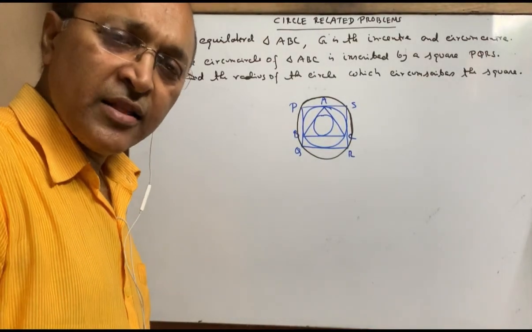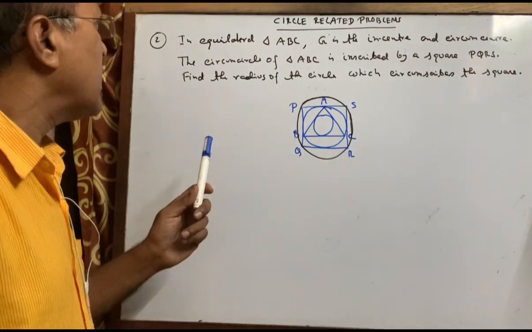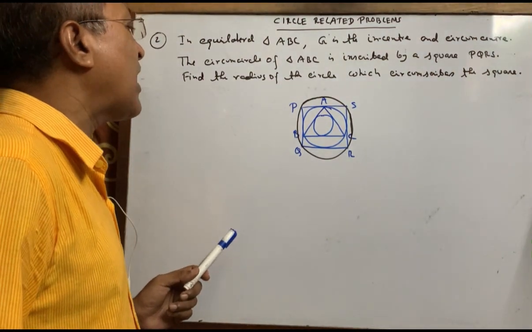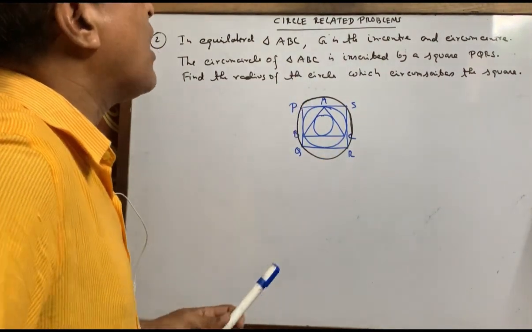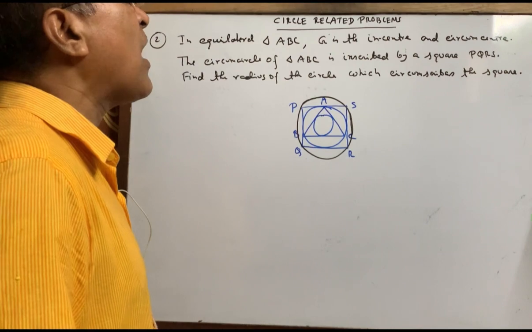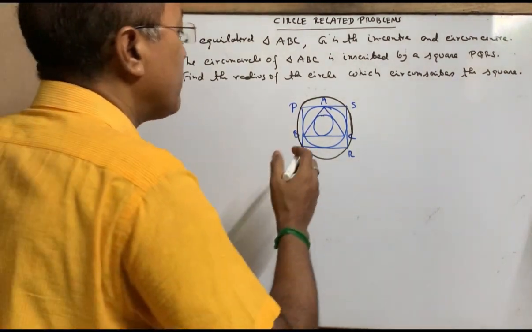Okay, here is another very interesting and important problem. Just see what is given. In equilateral triangle ABC, G is the incenter and circumcenter.